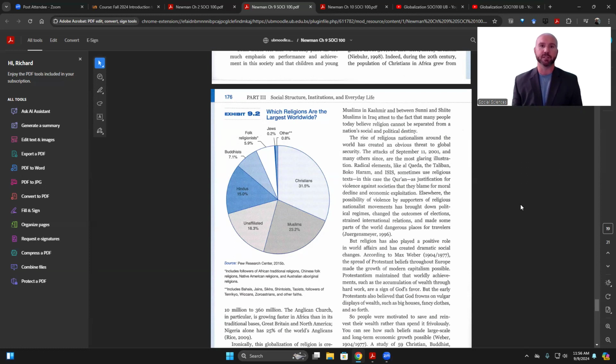But we see polytheistic religions like Hinduism, Buddhism. It's much more of an atheistic religion, though there is an appreciation of the divine sacred elements. And then a growing segment of the population are unaffiliated, agnostic, or even atheistic.